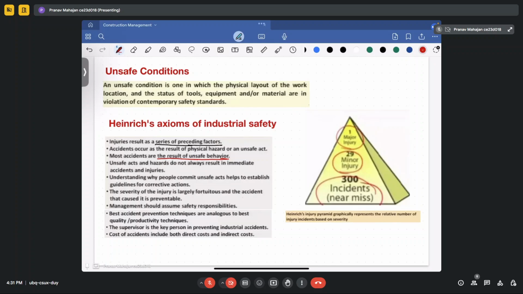Understanding why people commit unsafe acts helps to establish guidelines for corrective actions. It is the responsibility of the safety engineers to look into why the persons involved at a particular site are not properly adhering to the safety rules provided to them for that work.